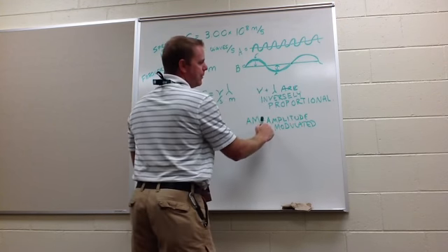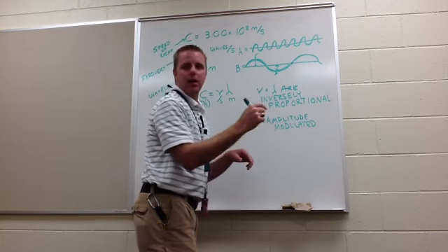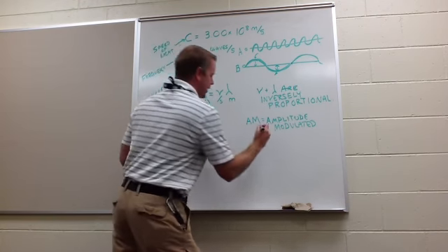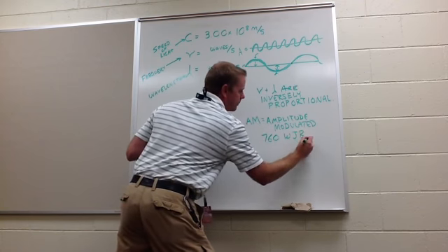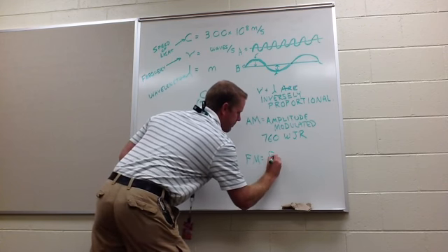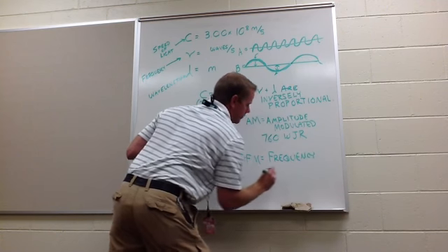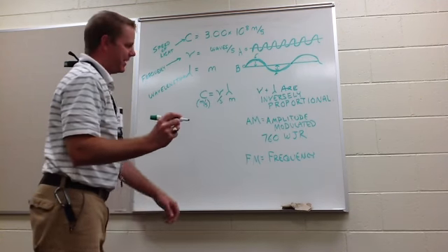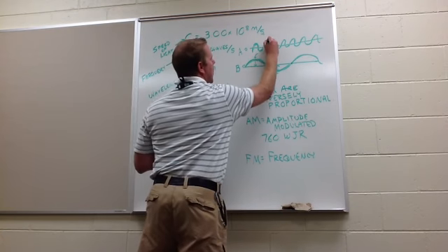When we have things that are amplitude modulated, we're looking for longer wavelengths. This is why when you're in Kentucky, you can pick up 760 WJR on the radio. But FM, on the other hand, is frequency modulated. What does that mean? It means we go for more waves.